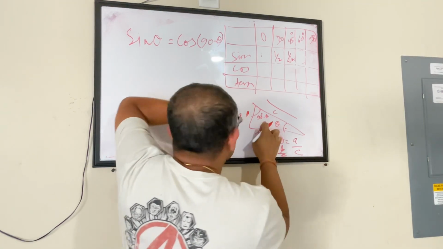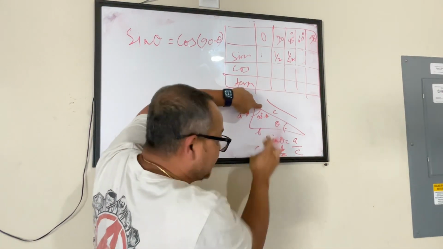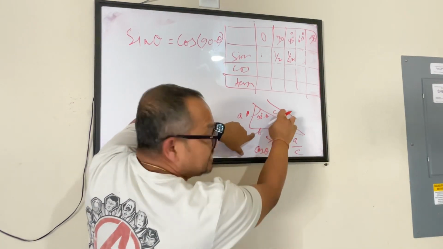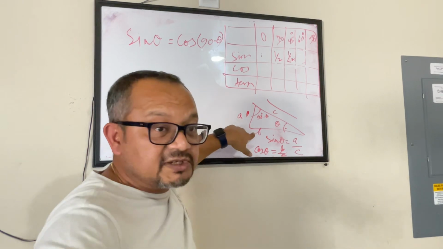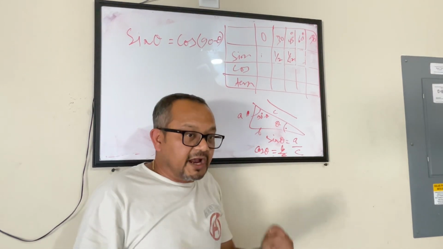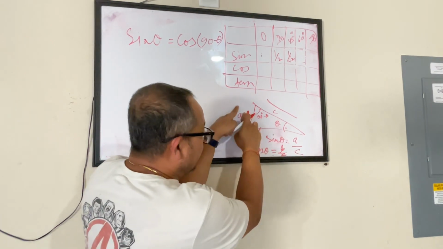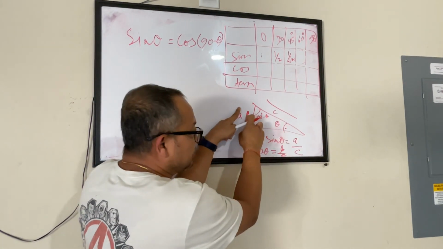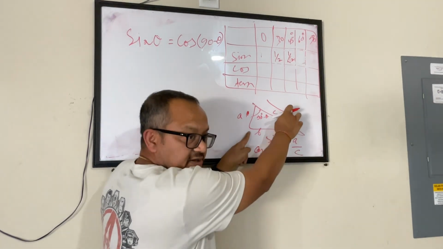So let's find out the value of cos 90 degree minus theta. We found cos theta is B by C. Everybody here, right? Again, you guys have already seen it. I'm just repeating it just to make sure that you are able to recollect. Sin theta is A by C, which is the opposite side divided by hypotenuse. Cos of theta is B by C, the base divided by this.